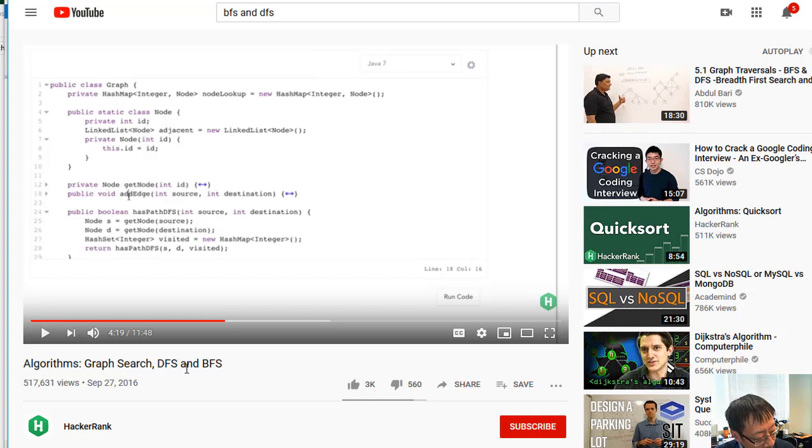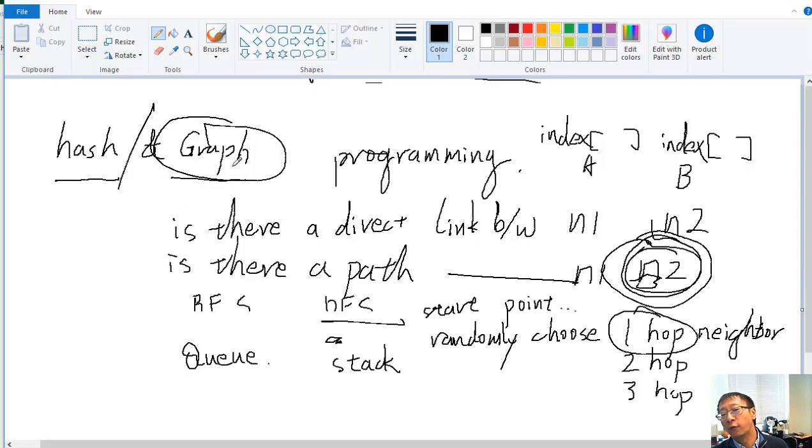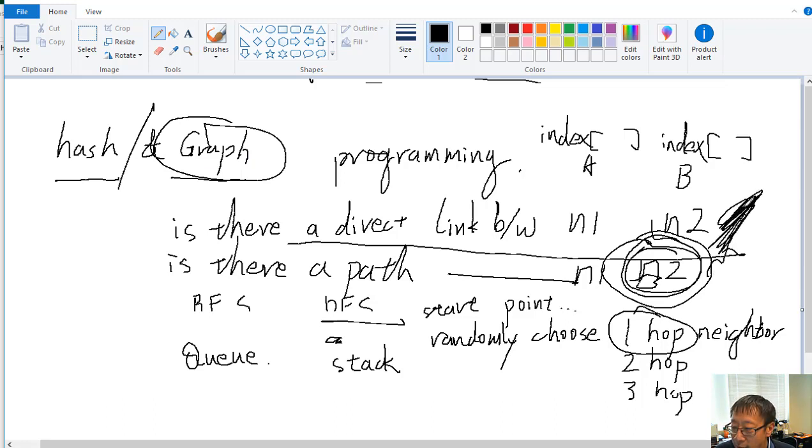Okay. So go back to our emphasis. For the graph, you also need to understand the basic concepts and the programming component. For the programming component, you need to understand 2 parts. Is there a direct link between the 2 nodes? How can we determine that?